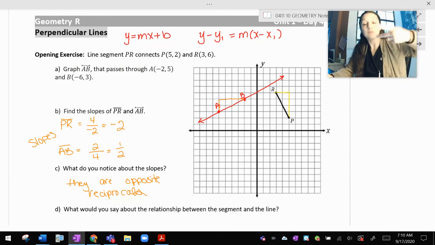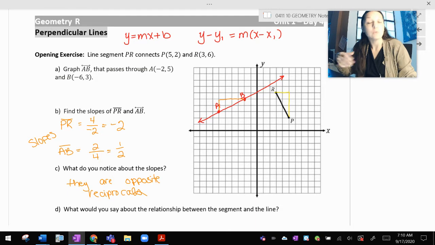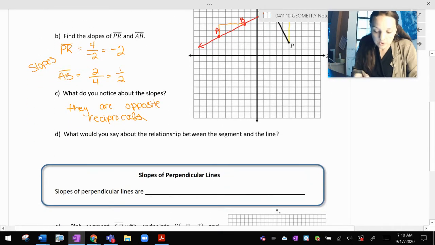So I drop the negative, flip it, positive 1/2. So what do you say about the relationship between the segment and the line? Well, again, a couple days ago, we had said that parallel lines have equal slopes and perpendicular lines have slopes that are opposite reciprocals. And that's what we have here. So they are perpendicular.